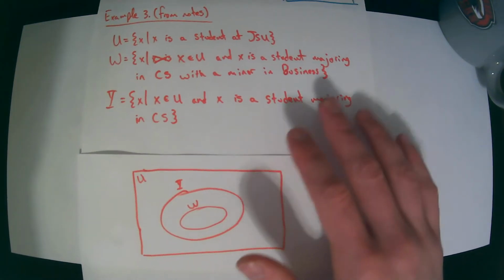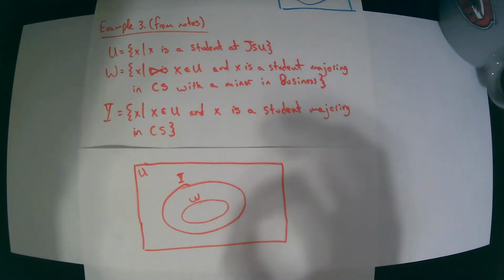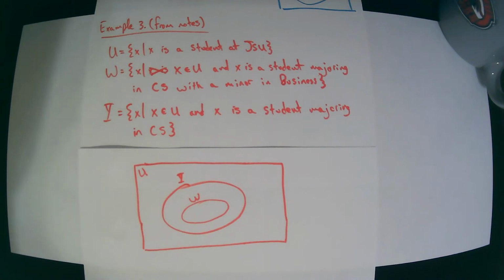But here, it's not as easy to see, because I can't write down all of the elements in these sets. I don't know all the students at JSU majoring in CS with a minor in business and other minors. Plus, I just don't want to do that, because it's probably hundreds of students.